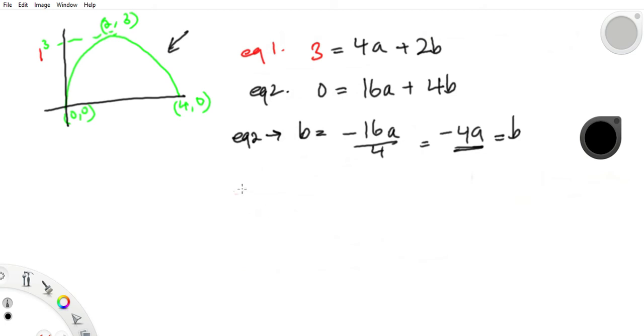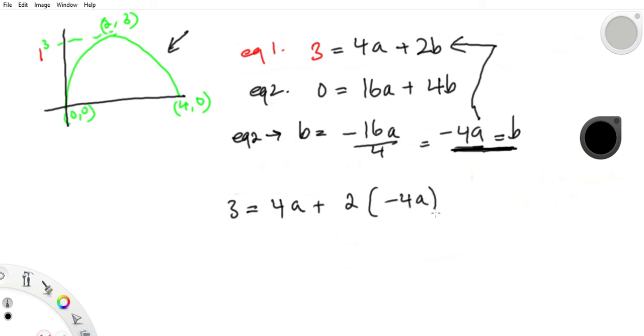Alright, now if I plug this into equation 1, I'll have 3 equals 4a plus 2 bracket minus 4a. So 3 equals 4a plus 2 times minus 4 is minus 8a.